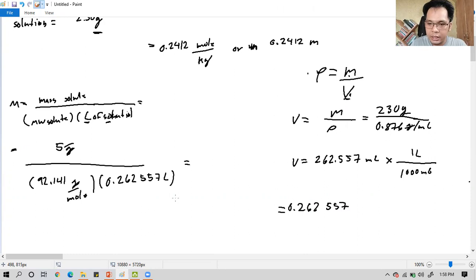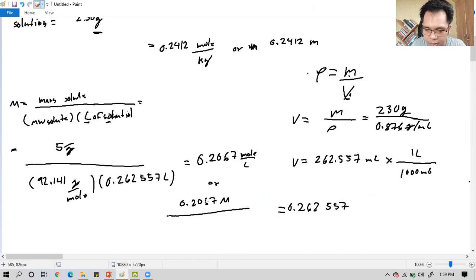And the molarity, I should say, is 0.2067 moles per liter, or 0.2067 M. So either of the two is accepted. This is just a shortened form.